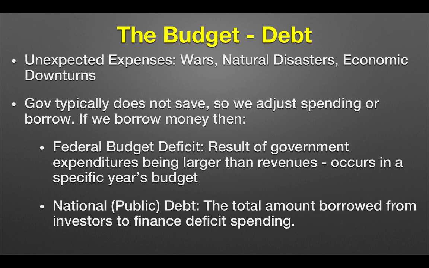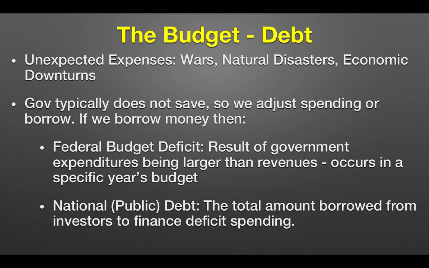The national debt is the total amount borrowed from investors to finance deficit spending. And we'll look at the debt over the last 20 years, because it's grown quite considerably. I want to say $20 trillion in just 20 years.